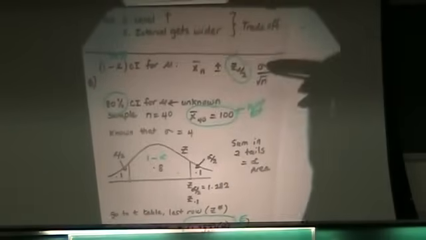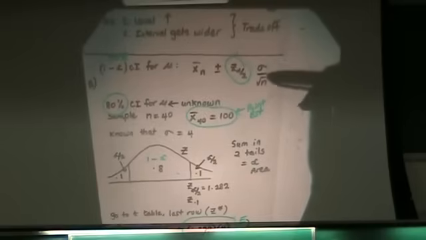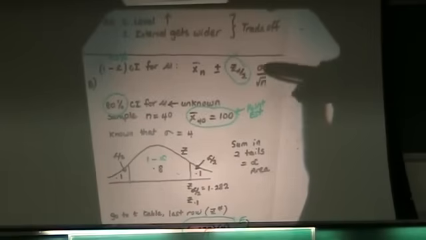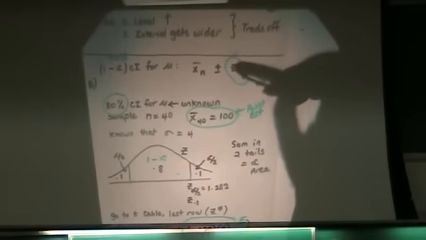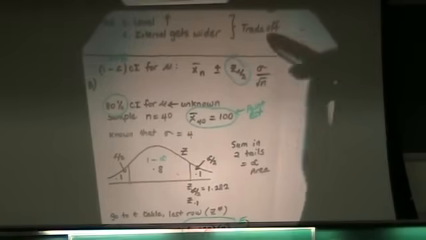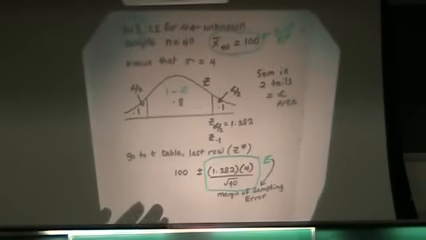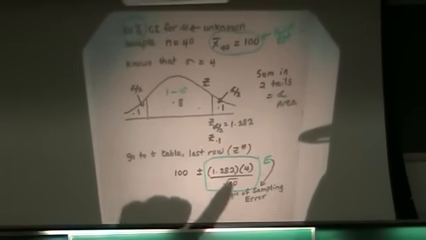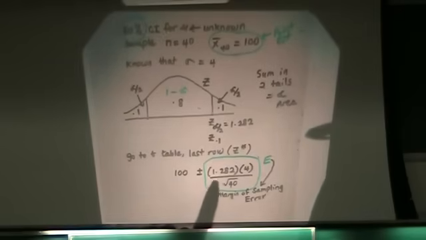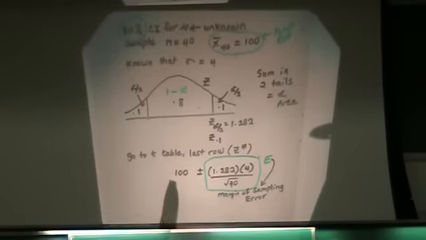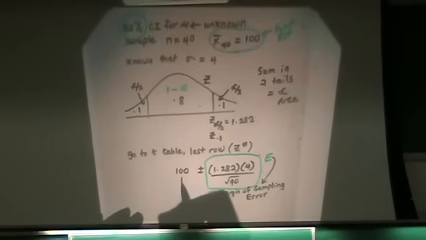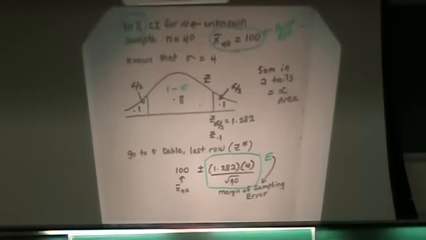You know this is called standard error, right? Remember from the last time? Just this part is the standard error. If I attach a Z alpha over 2 to it, it's called the margin of sampling error, E. So first I compute my E, and then I add and subtract E to x bar n. This is x bar 40, the point estimate.